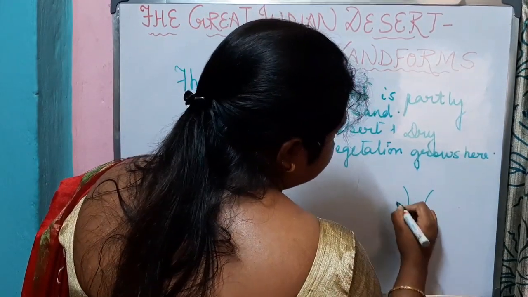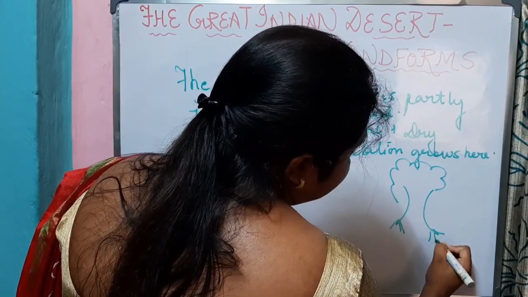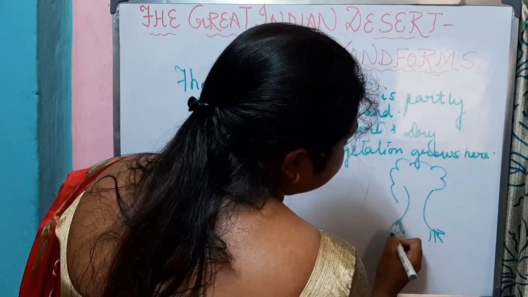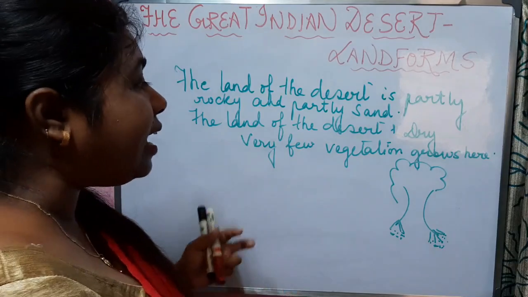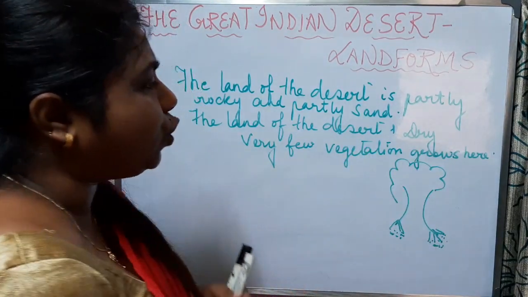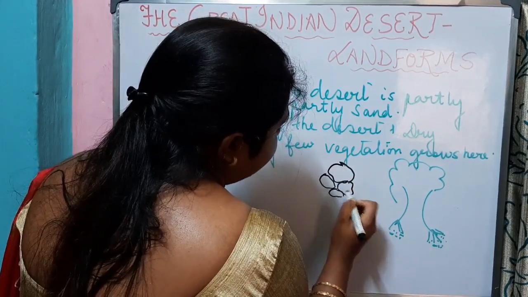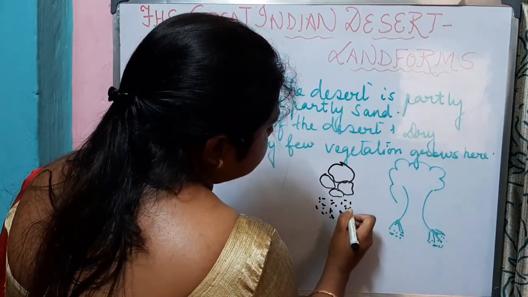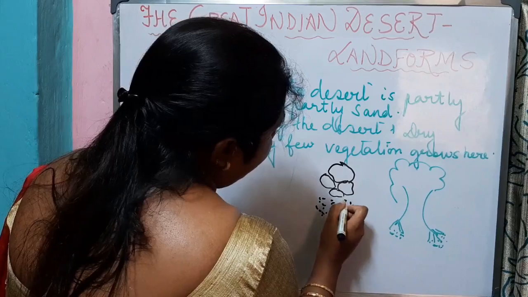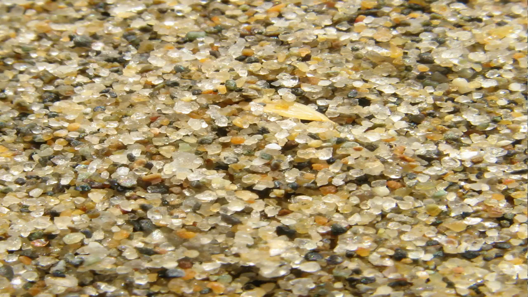We know that the roots of trees help to hold the soil. Now here in the desert, as the land is dry and very little vegetation grows, the smaller rocks get broken into smaller pieces and finer particles to form sand.